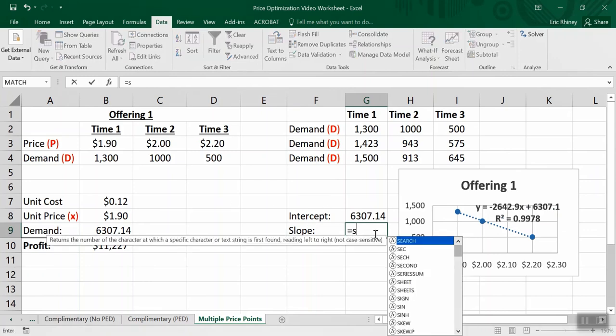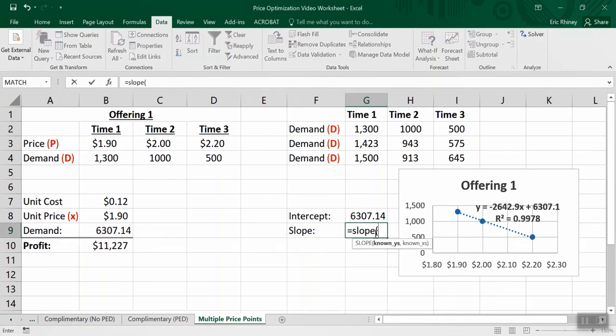And we're going to do the same thing for slope. And our demands at our 3 time points, and then our price at our 3 time points, and we should get something that is reflective of what we got up here, and we do.